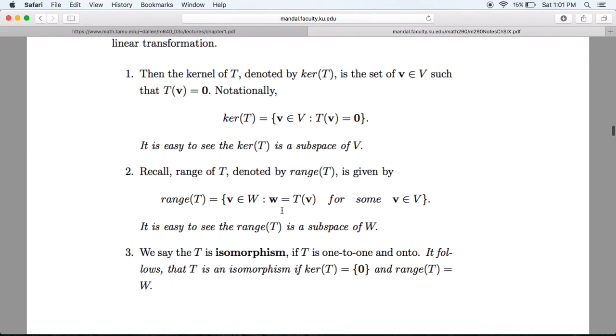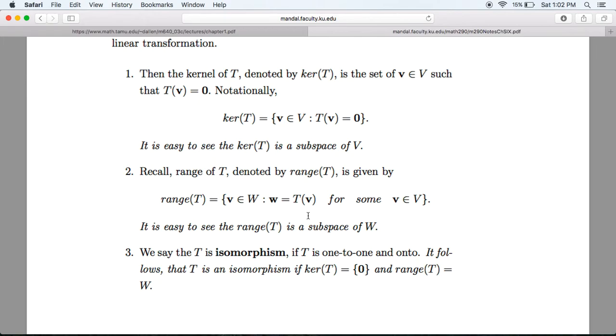If I take w1 and w2, two image elements, then those image elements will be images of some v1, v2. w1 plus w2 is actually Tv1 plus Tv2, and by the definition of linear transformation, that will be equal to T(v1 plus v2).